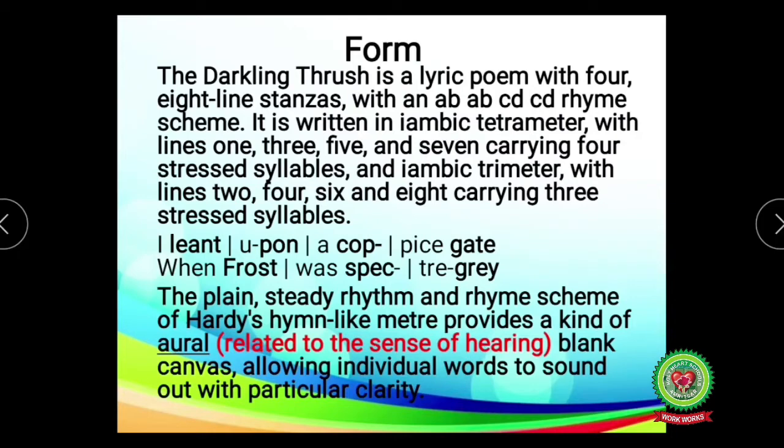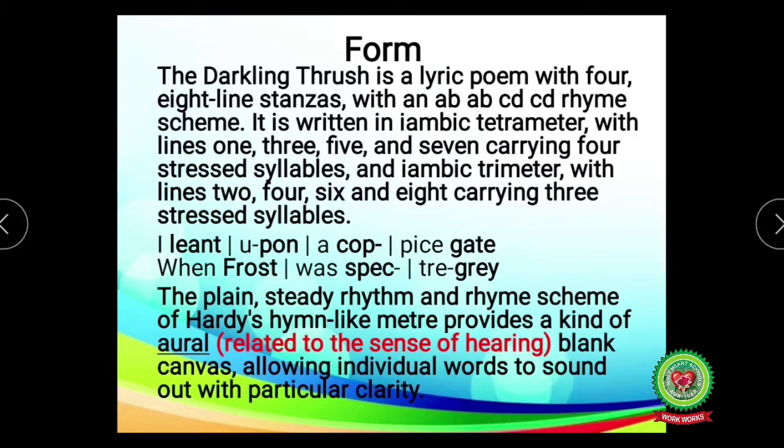So when I read these lines, it will be like, I leant upon a coppice gate when frost was spectre grey. So while reading, I am stressing the words that are bold ones. Thus, this stress in these words adds rhythmic quality to these lines. The tune is something like da-dum, da-dum, da-dum, where I am stressing the second part.